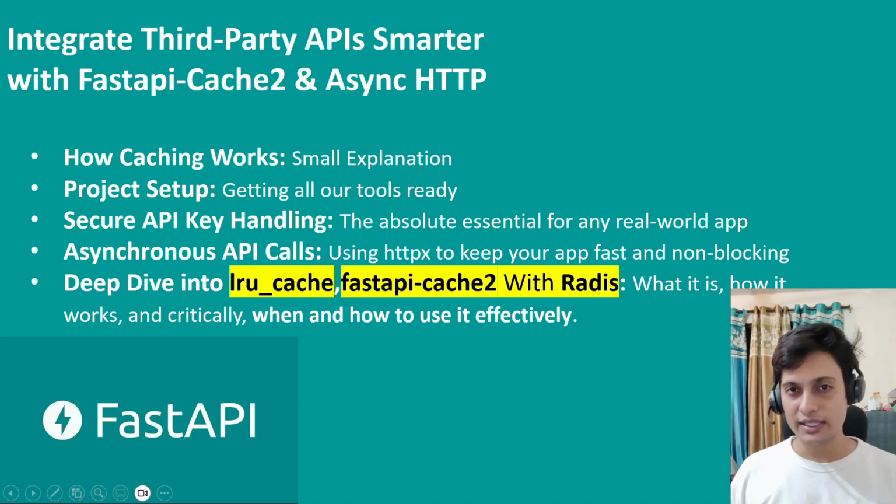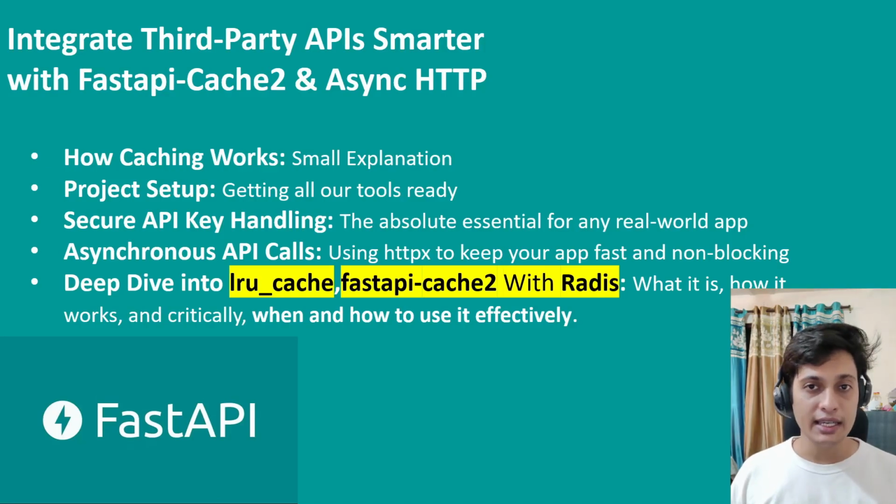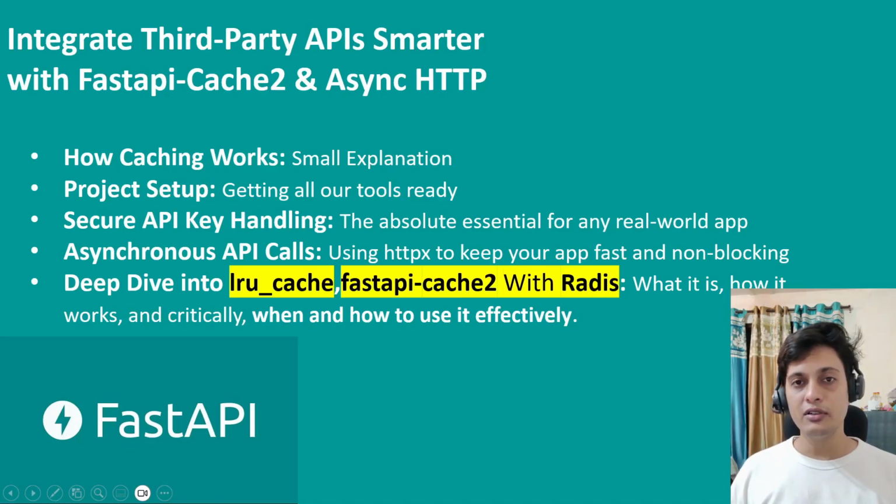So from this explanation, we can understand that FastAPI cache is the one responsible for deciding which data will go inside the caching. And Redis is the one which does the process of getting the data from the cache database or storing the data into the cache database.